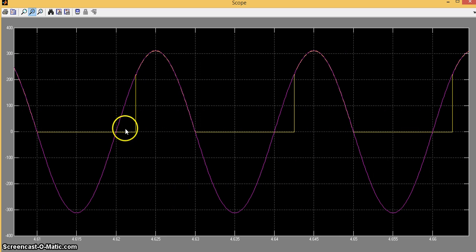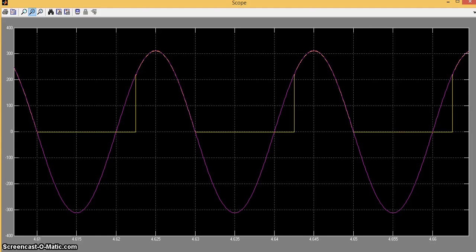We can see that at 45 degrees the SCR is turned on and the output goes across the load. The yellow one is the output waveform and the purple one is the input waveform. Because of the diode there is no negative half cycle conduction. In the negative half cycle there is no output.